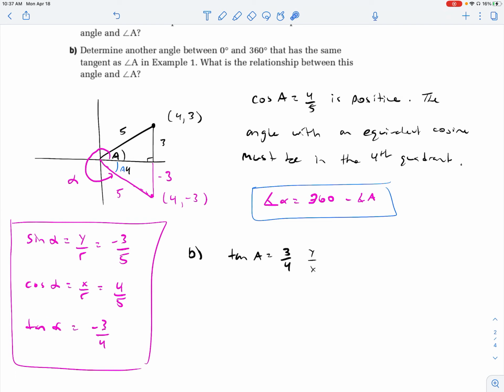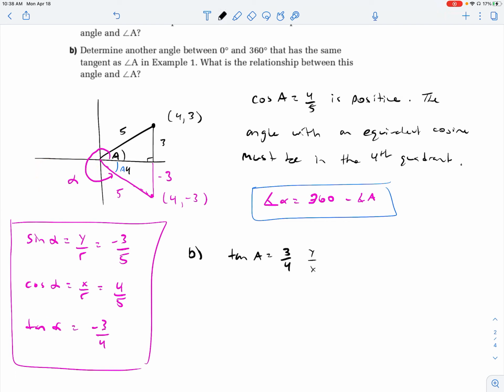So that means when I divide y by x, I get a positive value. So the only way tan is positive is if we're out here, where x and y are both positive, or down here, where my y value and my x value are both negative, and the negatives cancel out.